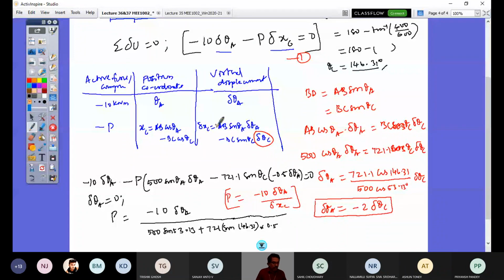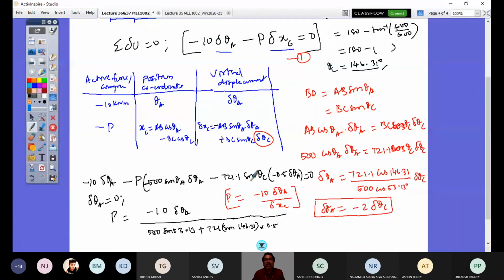This is all because of, yeah, when I differentiate AB cos theta A, it is minus here, I forgot this. This should be minus AB sin theta A del theta A. And here it is minus of minus, which becomes plus. Is that correct? This is what you are saying, right? Yes, sir. So this term is minus and this term would be plus. This minus of minus becomes plus.